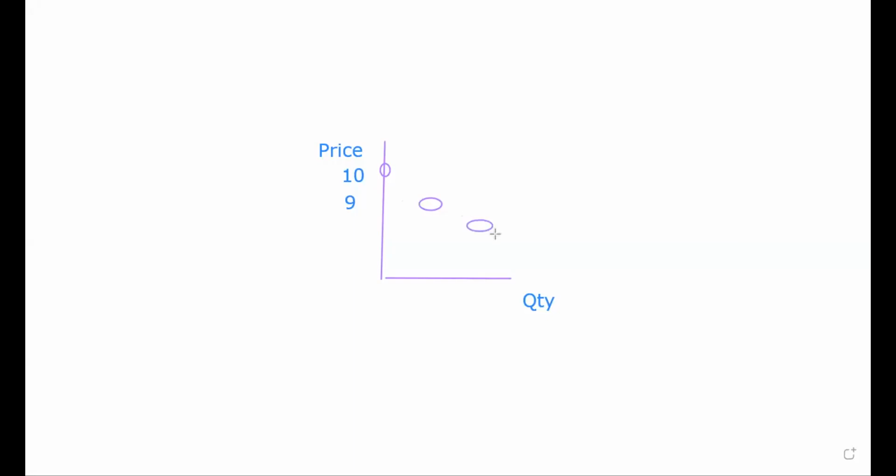So at 7, I'll buy 15. And the last one, I've forgotten. 8. So at price 8, I'll buy 10. So this represents the demand curve. Something like this: 5, 10, 15.